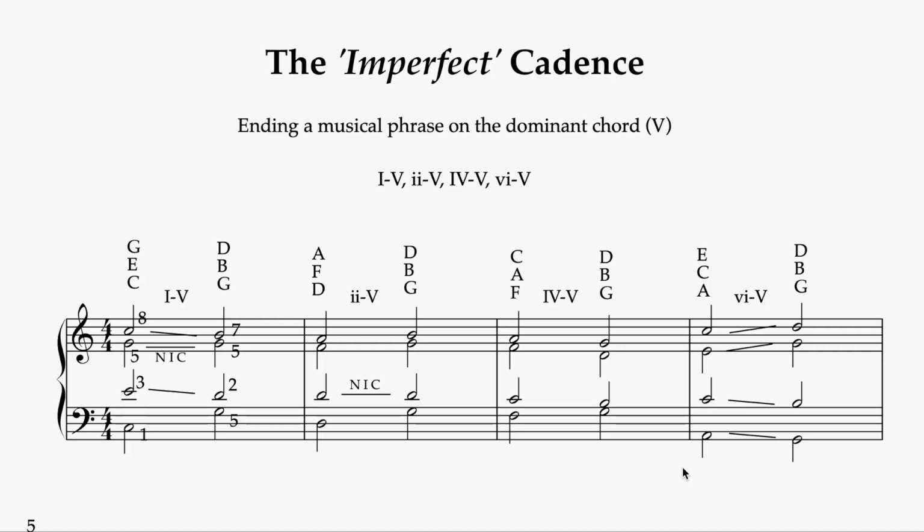However, it's still not the tonic. So you can end a phrase on the dominant. It'll sound like a stable ending, but the listener will still be expecting more to come because it hasn't closed itself back to the tonic. So I hope that makes sense why it's basically just a move to the dominant chord.